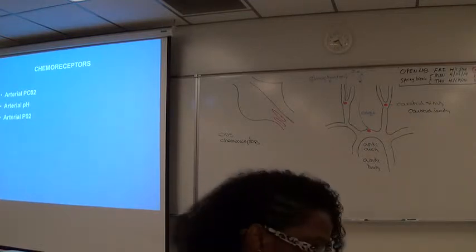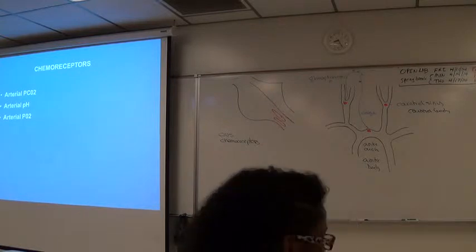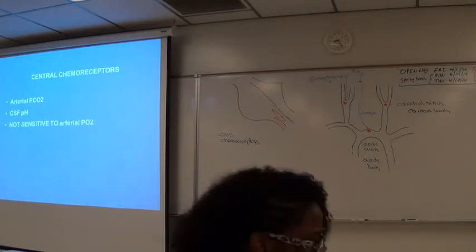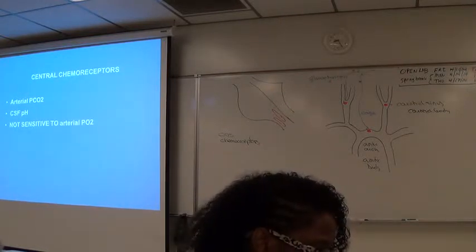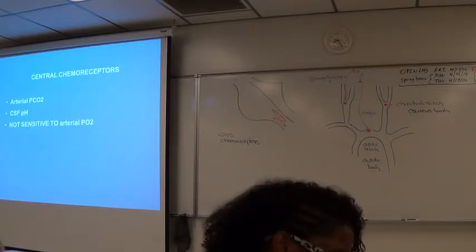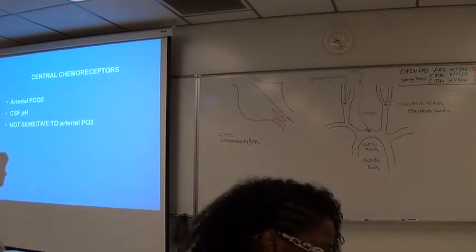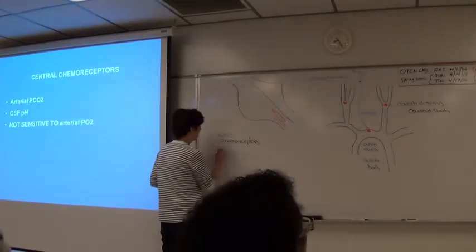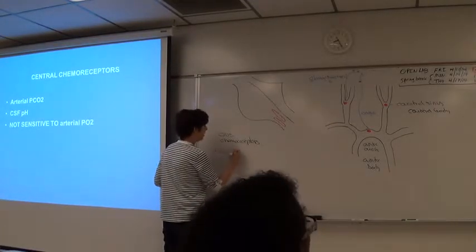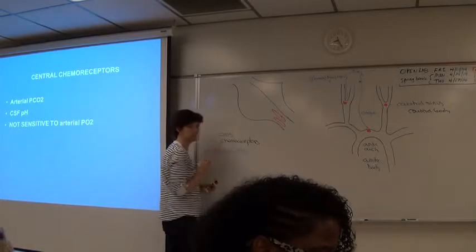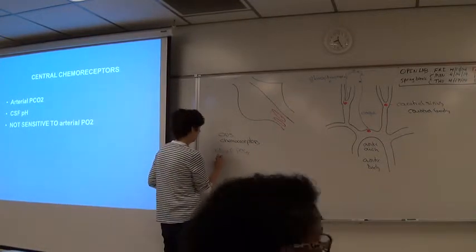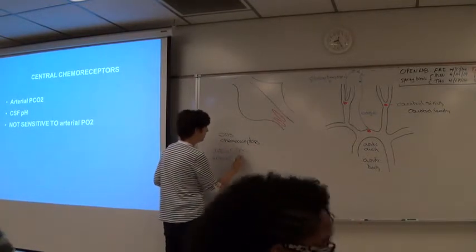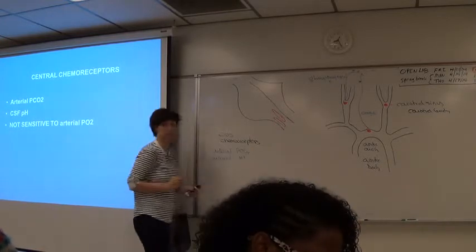So we're looking at the central nervous system and peripheral nervous system components. The central nervous system is going to be affected by arterial PCO2 and arterial hydrogen ions.